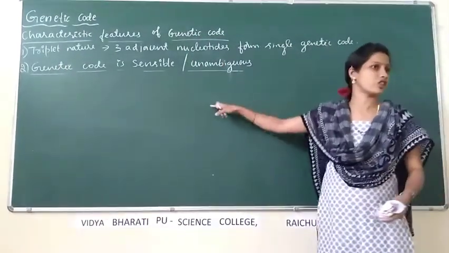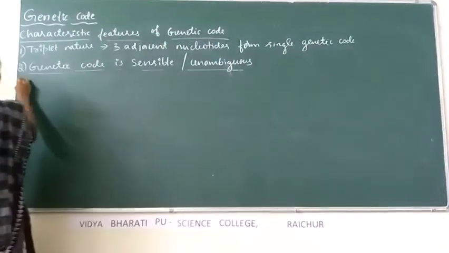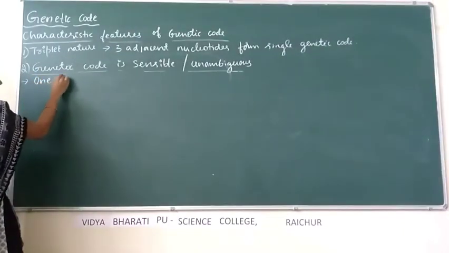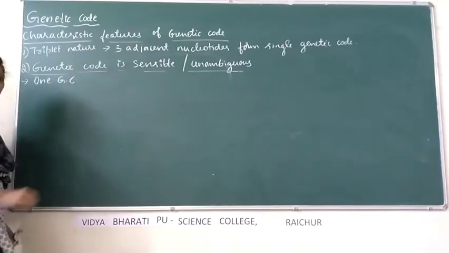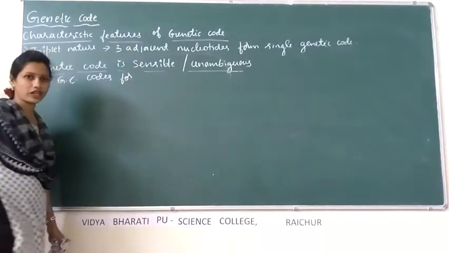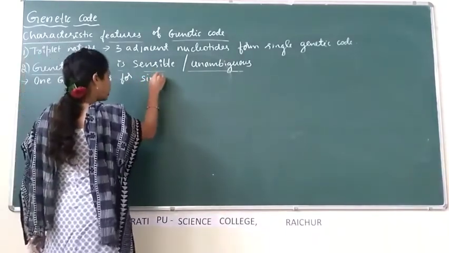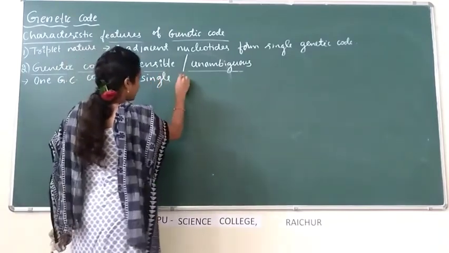Next characteristic feature, let us discuss that. Genetic code is sensible means a single genetic code codes for a particular single amino acid.